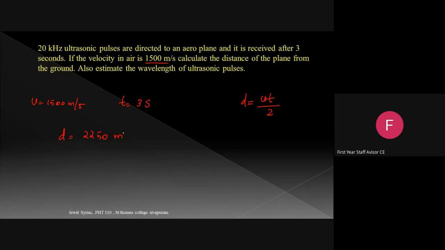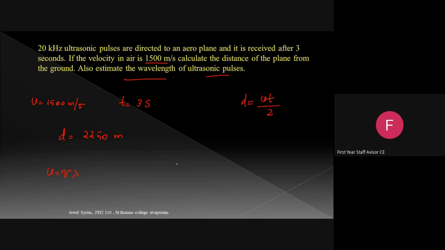Okay, then next question is, estimate the wavelength of ultrasonic wave. So we know that velocity of wave is frequency into wavelength. That is a very, very important basic thing. Velocity of wave is frequency into wavelength, mu into lambda.